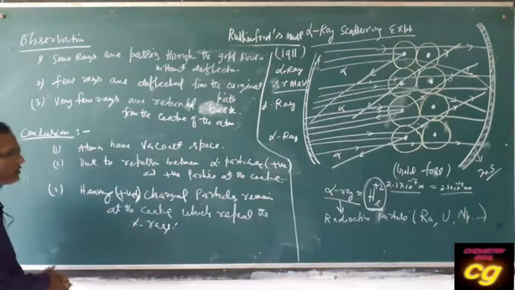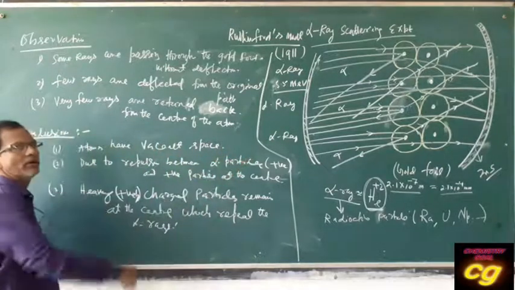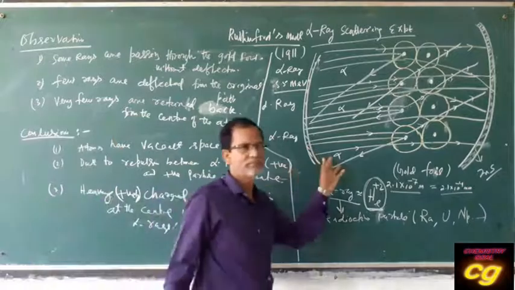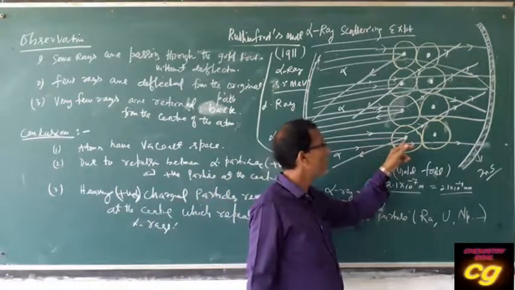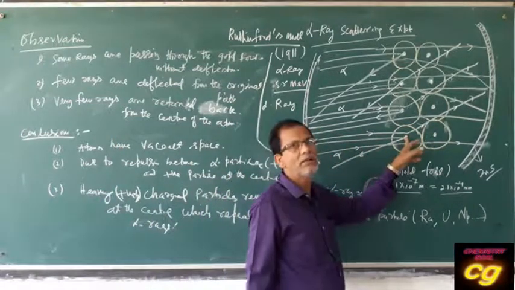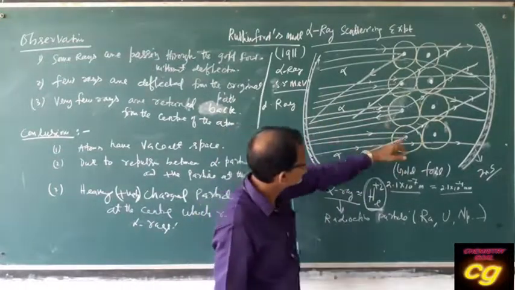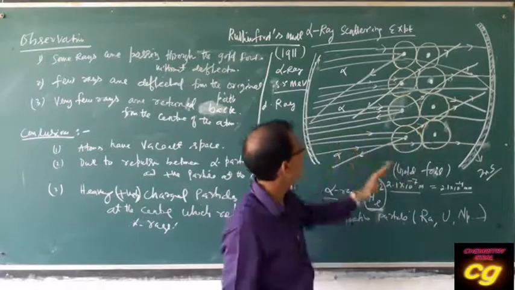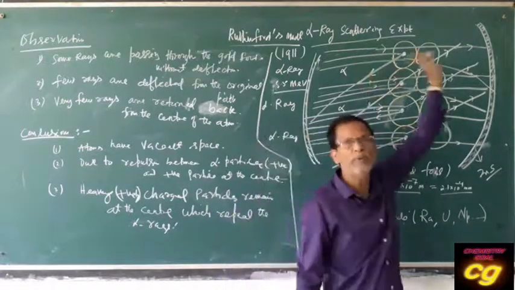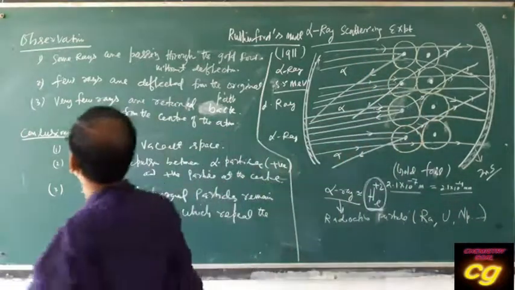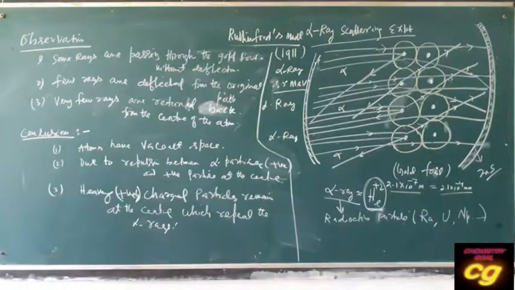Due to the repulsion, the ray completely returns back. When the ray moves toward the center, it returns back; very close to the center, it shows deflection; and away from the center, it moves straight. So these are the three observations and conclusions he found.